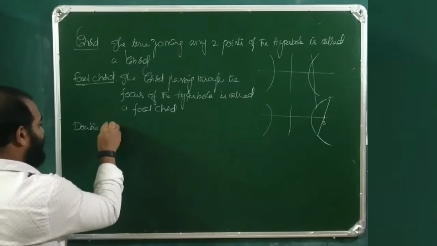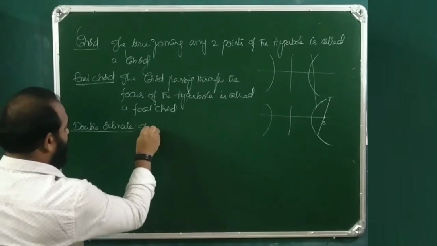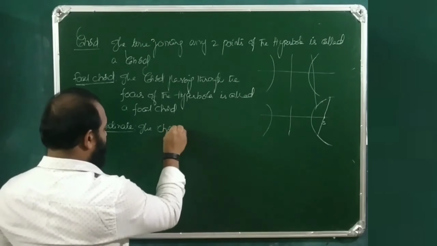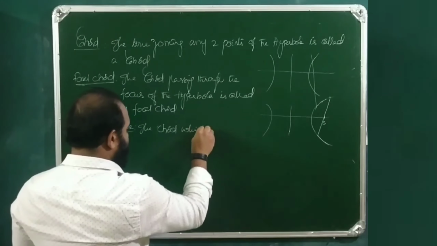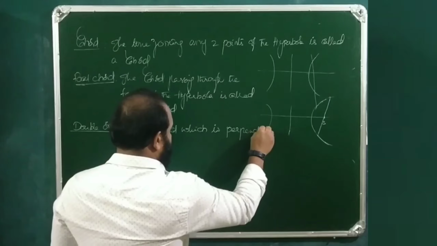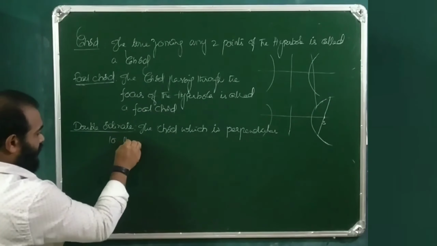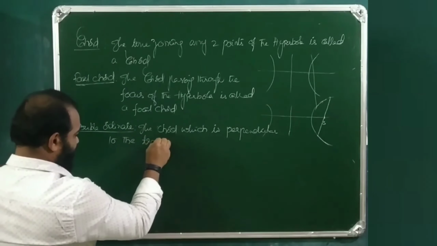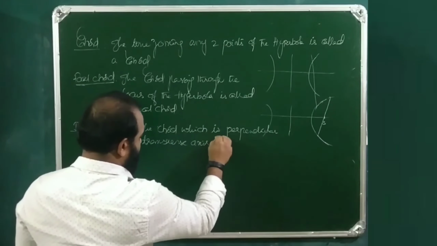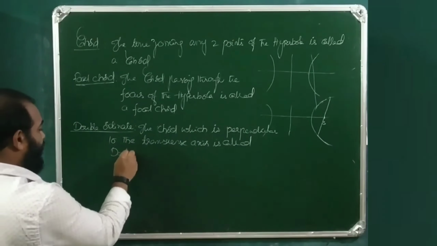Next, double ordinate. The chord which is perpendicular to the transverse axis is called a double ordinate.